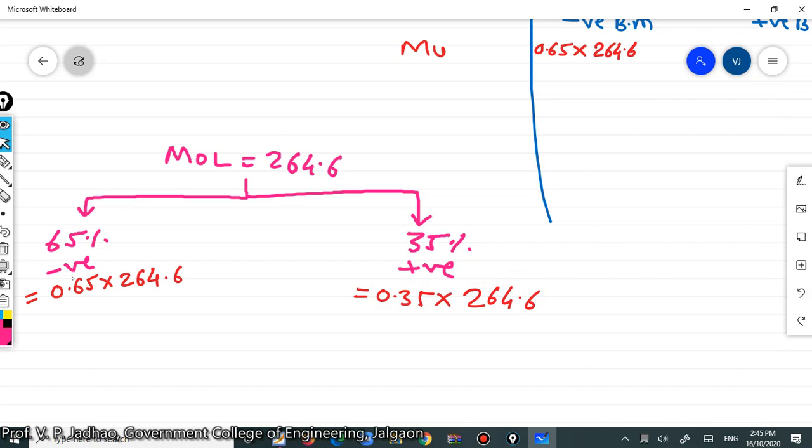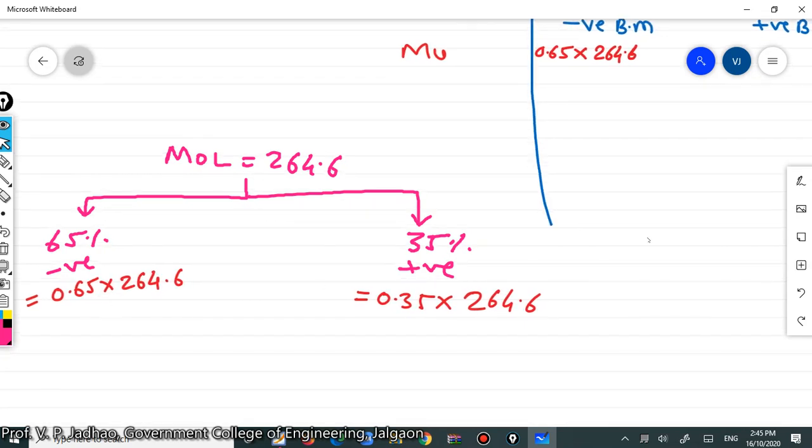Now out of this negative bending moment, 75% is for the column strip.